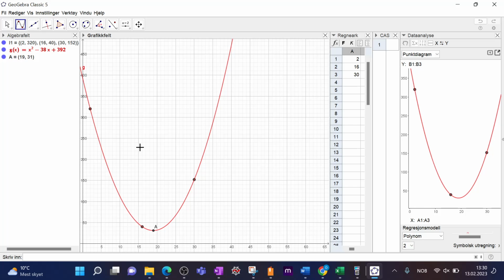So to find the y value for the 26th, we now have a function, right? It's called g of x here. I could write in g and then 26, and that'll give me the number of flies on that day. And that's 80.